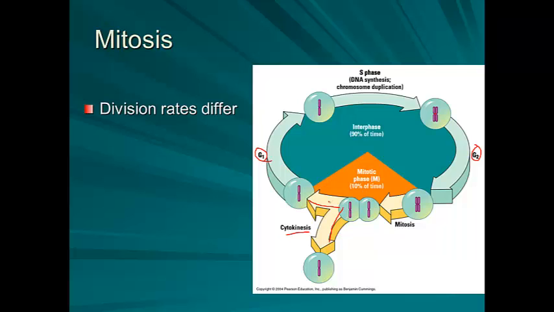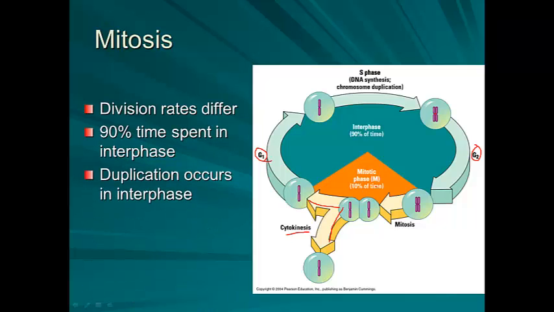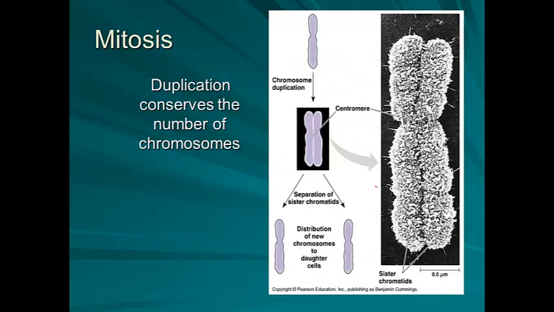There's a lot that's happening in both interphase and mitotic phase. So we're going to take a look at that. Mostly we're going to focus on the mitotic phase. So, the importance, the why cells duplicate, is to conserve the number of chromosomes.